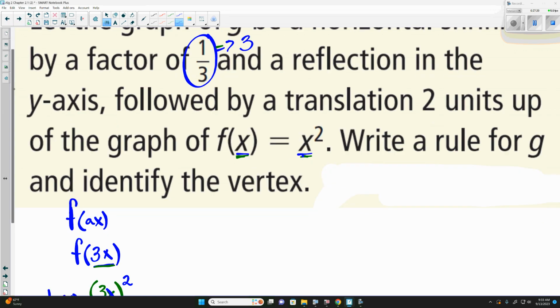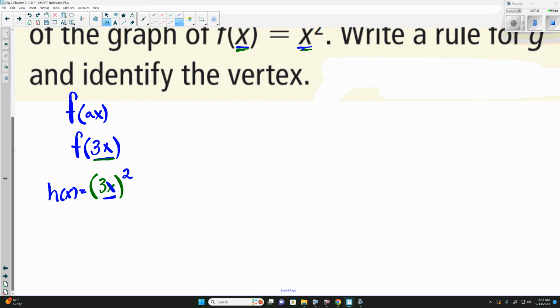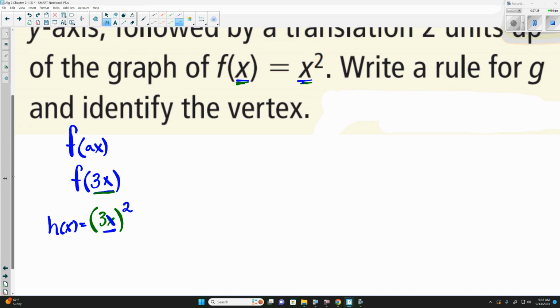On this one here, we're replacing the x in the x squared. So this piece here with 3x is taking its place. So the square is still staying put, but we're applying the square to not just the x anymore, but to the 3x. Does that make sense?